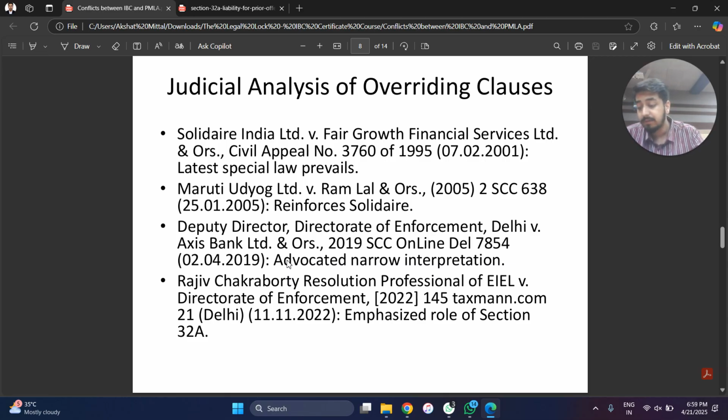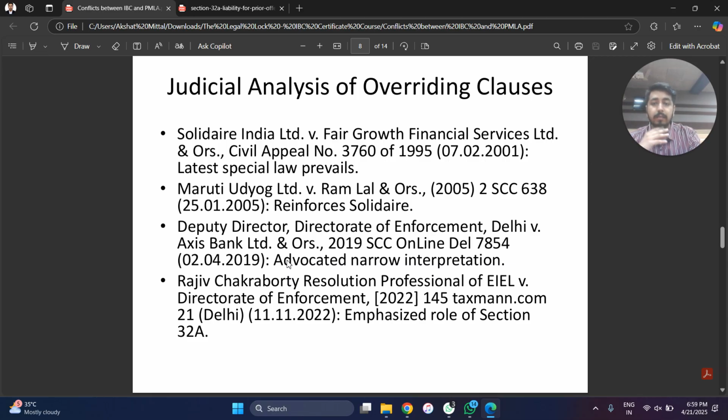The first judgment is Solidaire India Limited versus Fair Growth Financial Services Limited. In this case, the Supreme Court observed that the latest special law shall prevail, and then we come to the Maruti Udyog judgment, which also follows the judgment of the Supreme Court in Solidaire India Limited. These two judgments are where a generic position of law has been laid down by the Honorable Supreme Court.